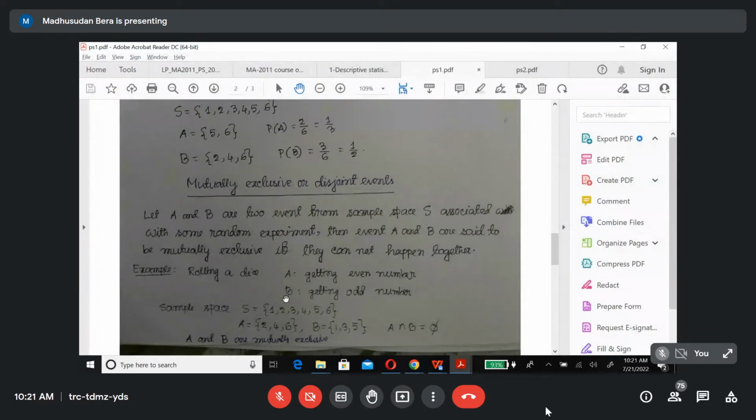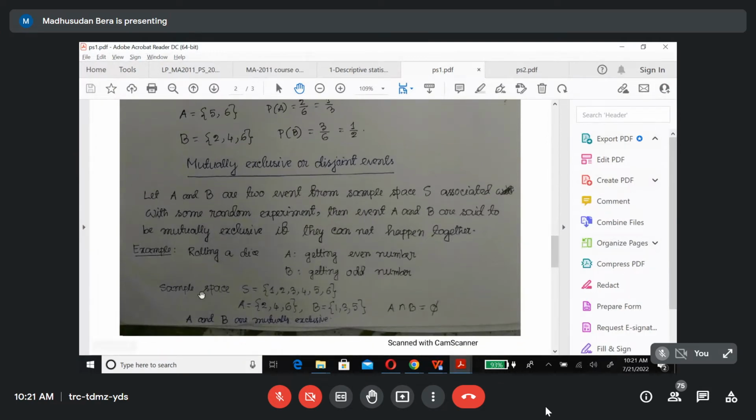Now, rolling a dice: A is getting an even number, B is getting an odd number. The sample space is 1, 2, 3, 4, 5, 6. Getting an even number: 2, 4, 6. B getting an odd number: 1, 3, 5. A intersection B is the null set, empty. That's why A and B are mutually exclusive. Is this example okay?